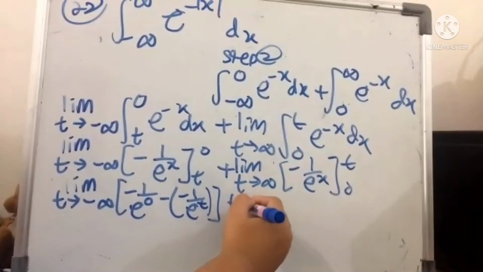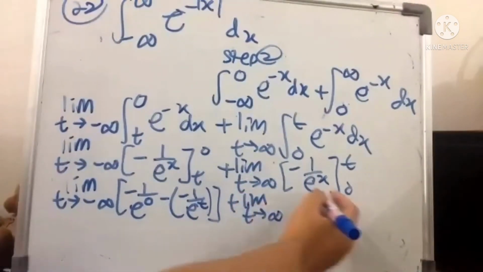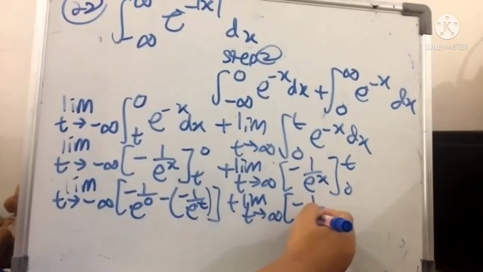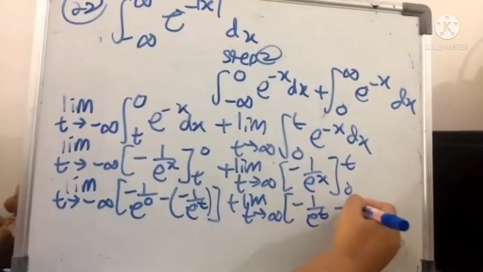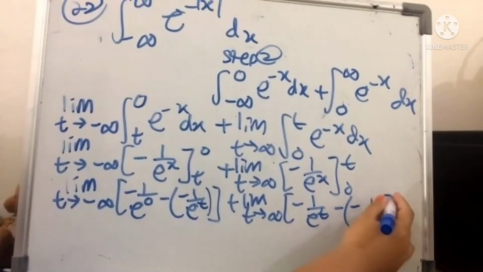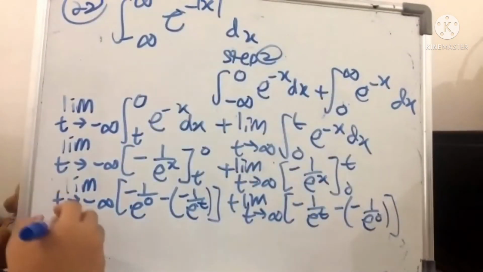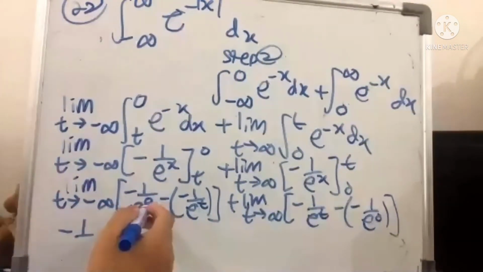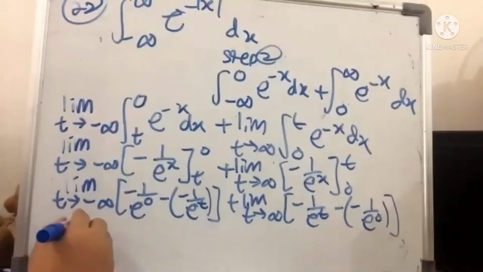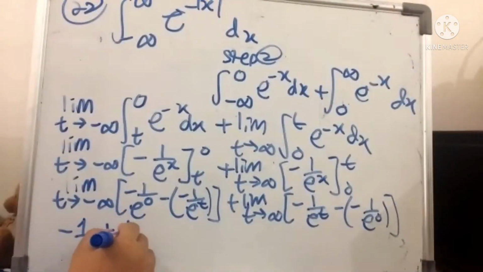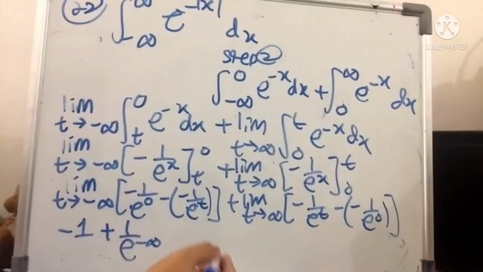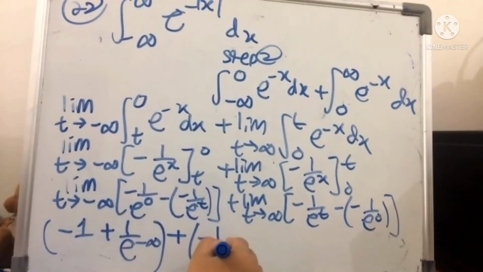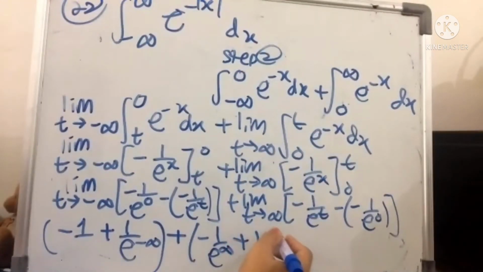And then plus the limit t approaching infinity, negative 1 over e to the power of t minus negative 1 over e to the power of 0. Now substitute: e to the power of 0 is 1. So here we know negative 1 plus 1 over e to the power of negative infinity, plus, in the bracket, negative 1 over e to the power of infinity plus 1.